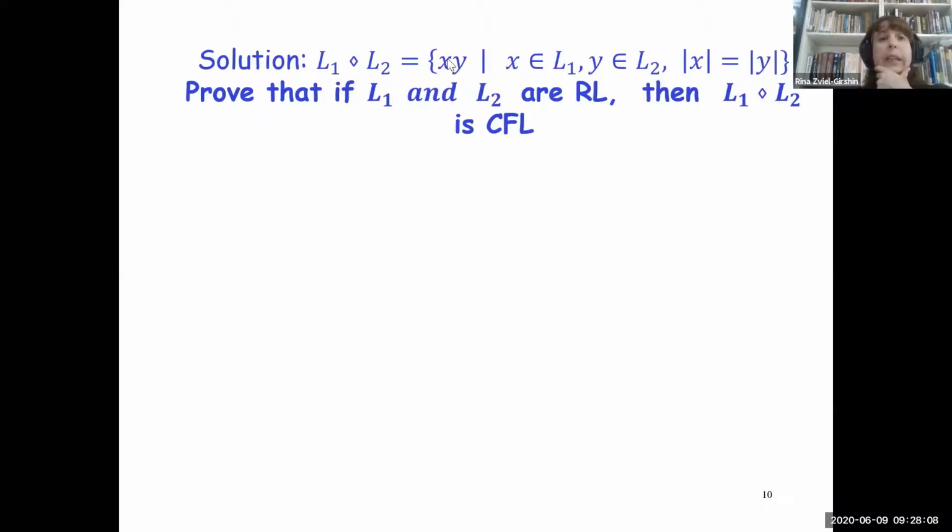It is X concatenation Y, where X comes from the language L1, Y comes from the language L2, and the length of prefix X equals the length of suffix Y. This is the definition of this diamond language. We need to prove that if L1 and L2 are regular languages, then this new language, L1 diamond L2, is a context-free language.